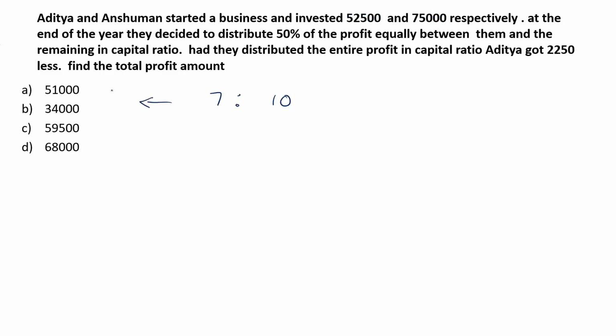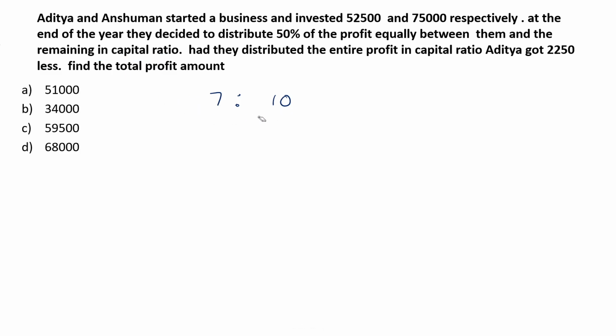Then we can assume the total profit is 17 to be distributed between them. But 50% of the profit is distributed among them equally, and the other 50% is in the ratio of their capitals. That means we need to distribute half of the total profit in the ratio of 7:10.